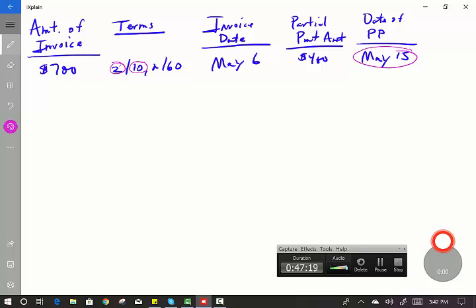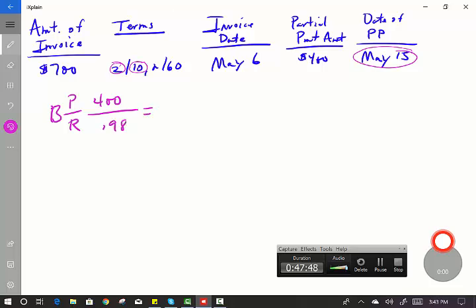So to do that, I'm going to solve for the base. The base is equal to the part divided by the rate, and the partial payment is $400. Do not use 2% as the rate because that applies only to the discount and not to the partial payment. So in order to apply the rate, use the complement of 2%, which is 98%, and then move the decimal point 2 places to the left.